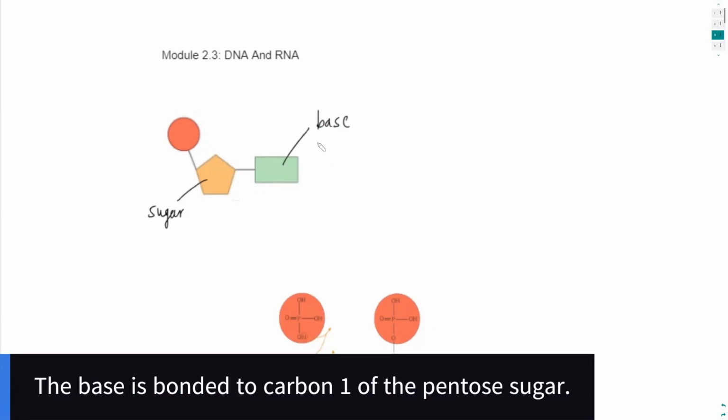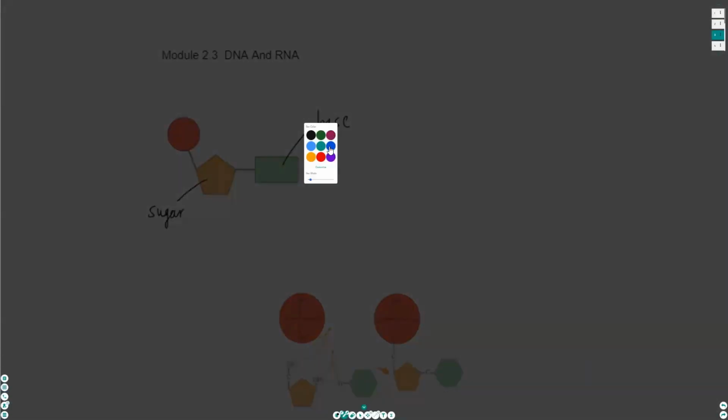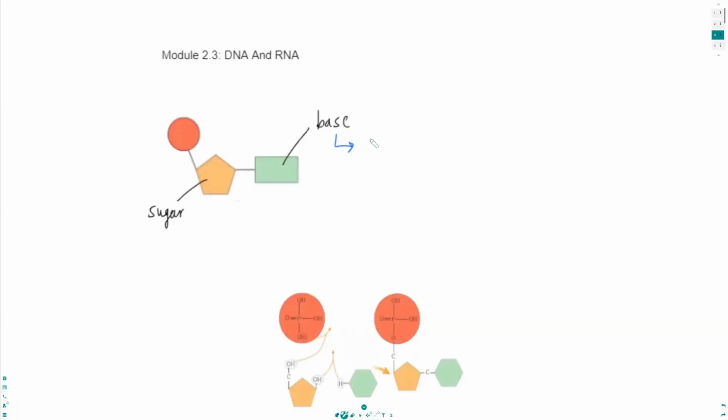And the base can be made up of one of five different bases.